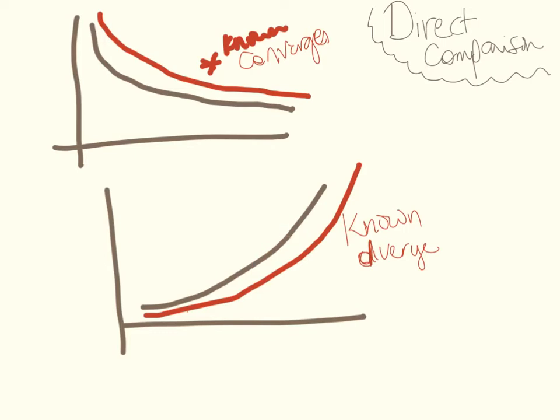The problem is if I have one that fits right in here. If this one diverges, and it's known to diverge, but it's bigger than the one I'm looking for, we have no guarantees, because we know this one's going to take off and diverge, but that doesn't mean this one here will also diverge, because it could converge.